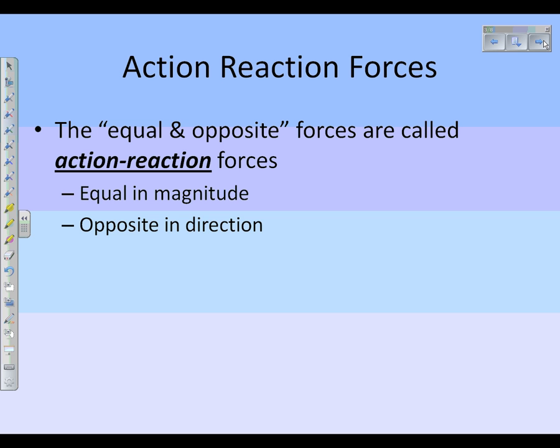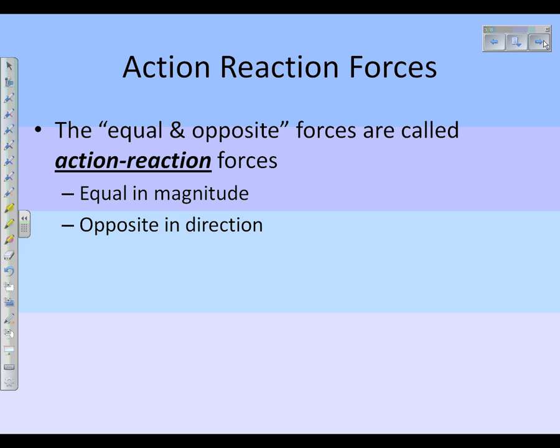Okay, you got the basics down? Now, I really hope some of you are sitting there thinking to yourself, something's wrong with this. Is anybody thinking that there's something wrong with this law? If they're equal in magnitude, nothing should happen.